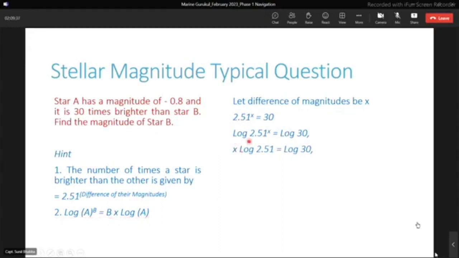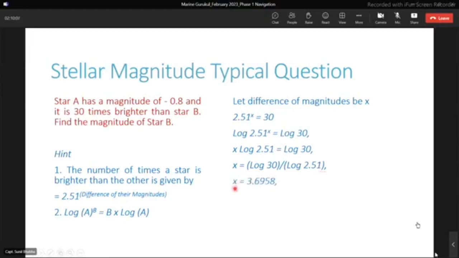Similarly, you see log of 2.51 raised to power x is equal to x multiplied by log of 2.51, and this is equal to log of 30. Now keeping x on one side and taking the other items on the opposite side, we get x is equal to log 30 upon log of 2.51. We can easily solve this using our scientific calculators.